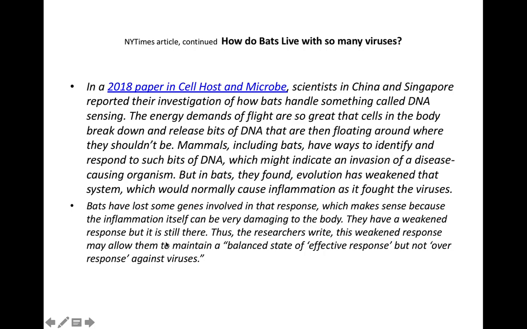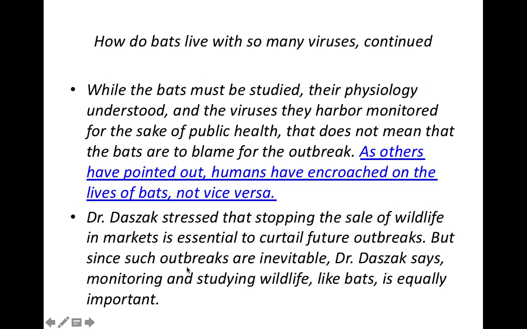They have a weakened response, but it is still there. Thus, this weakened response may allow them to maintain a balanced state of effective immune response, but not over-response against the viruses. And again, you guys, I know I'm making you crazy, but this is what we think happens with a lot of viral infections. The virus maybe doesn't do all the damage. It's our inappropriate, overboard immune response that contributes to a lot of damage in our tissues.